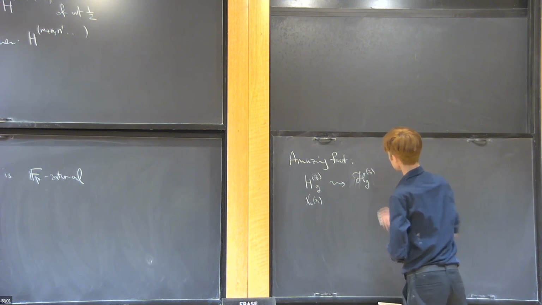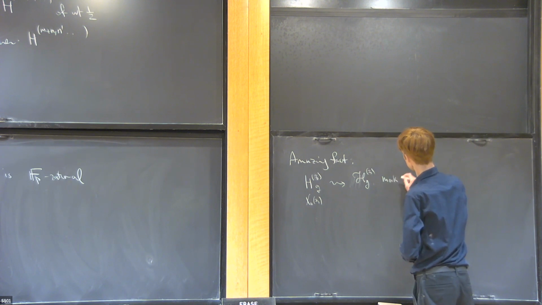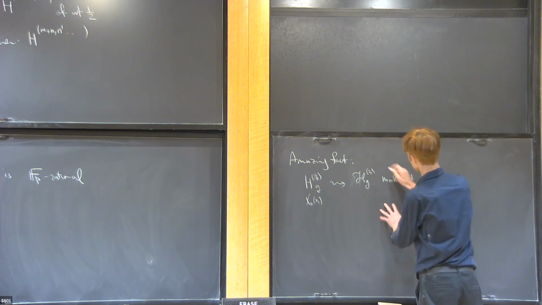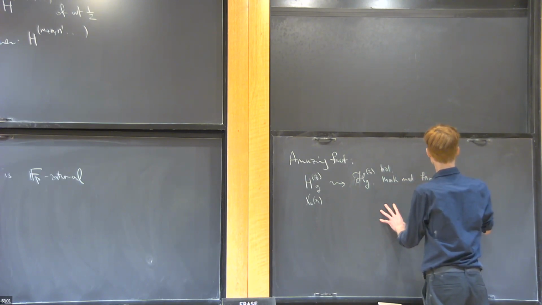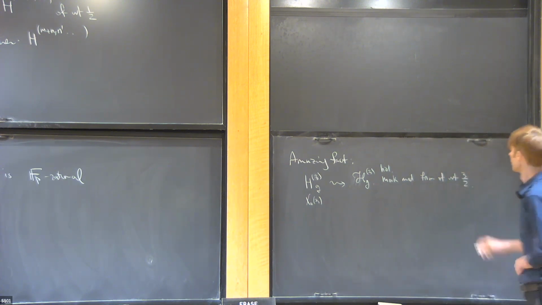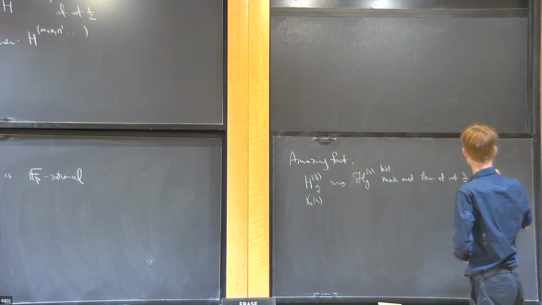I'm just going to call it h_3. So now a Mock modular form. This is a holomorphic Mock modular form of weight 3/2, and level given by the order of G.